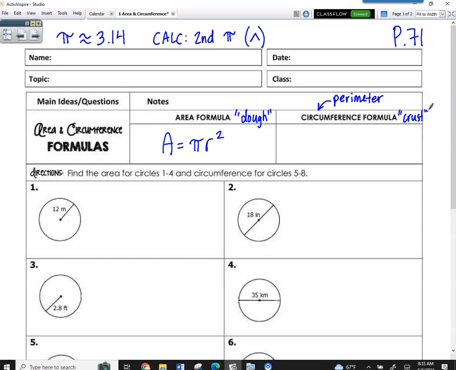Y'all wake up. There's two formulas for circumference. There's 2 pi r, or there's a second formula. Does anyone know what vocab word we learned that is the same thing as if you take the radius and double it?